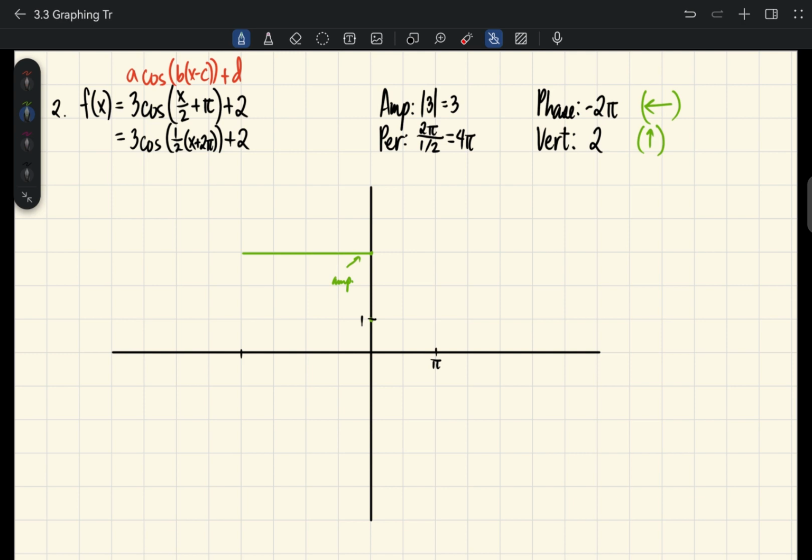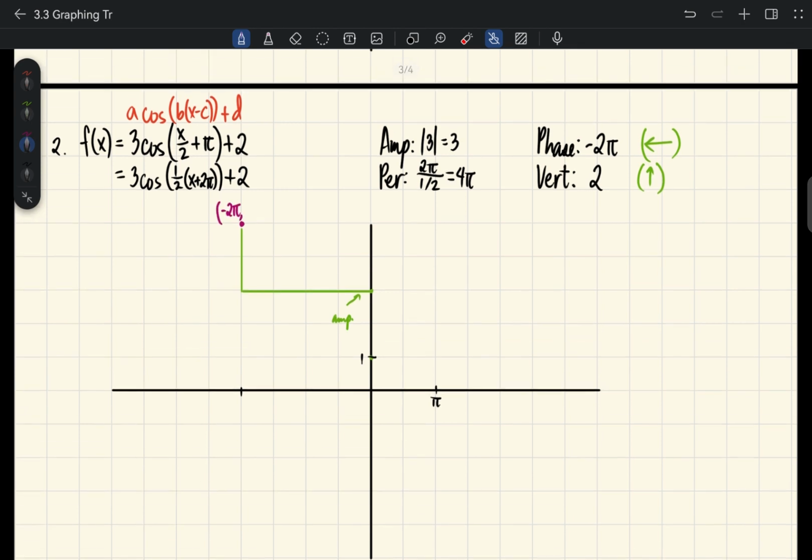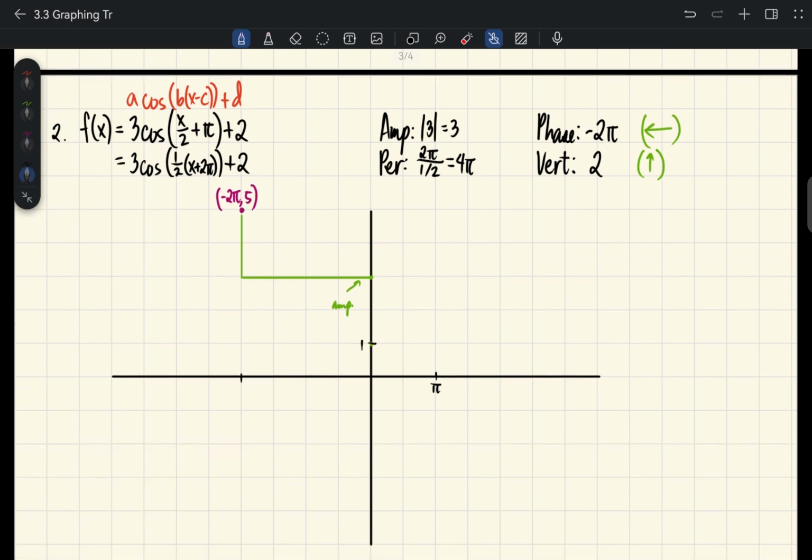And after that, we have to move 2 units up. So this one right here would be our first point, which is negative 2 pi, 5. Then next, to follow our framework, we need your vertical movement and your horizontal movement.